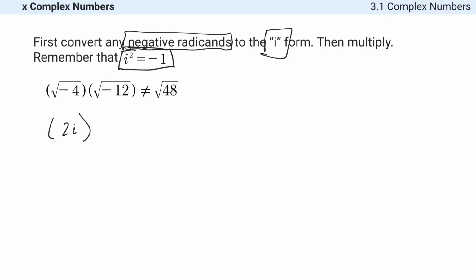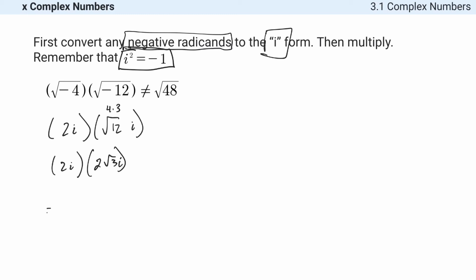And then square root of negative 12, I can call that root 12i. Root 12, again, that's 4 times 3. I'm always wanting to simplify those radicals. So I'll have 2i at the first, and then square root of 4 would be 2, so this would be 2 root 3i.